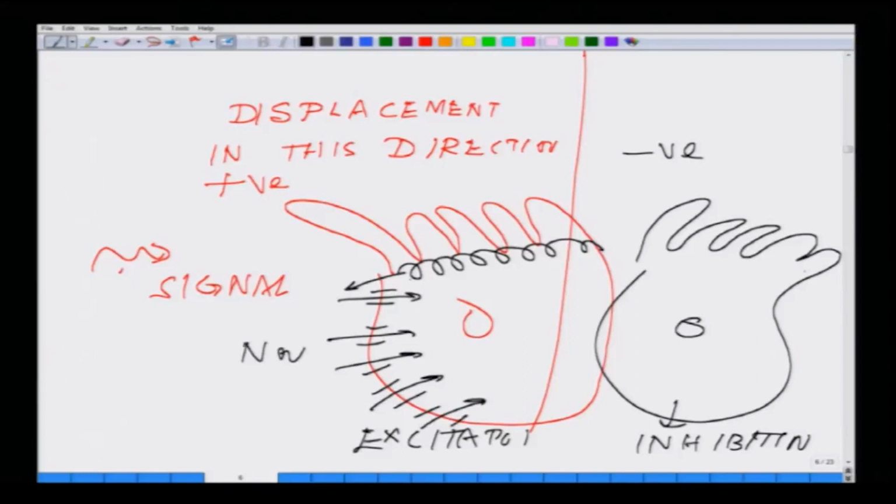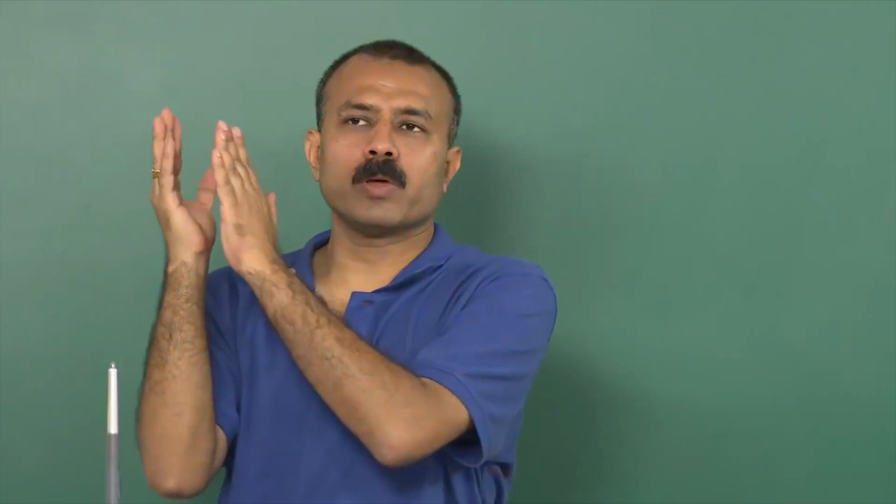And in the reverse direction, when they are moving in this direction, these ensure sodium channels are closed. These are the closed state, the half triangle I am drawing. Sodium is unable to enter. So, depending on the pull of the spring, they ensure whether sodium is entering or exiting.